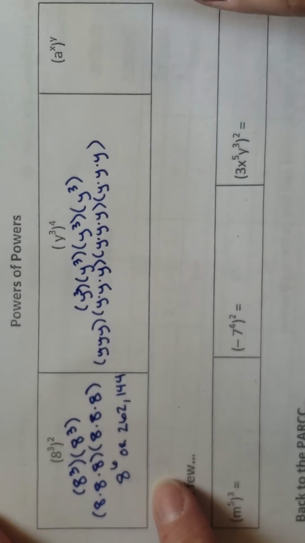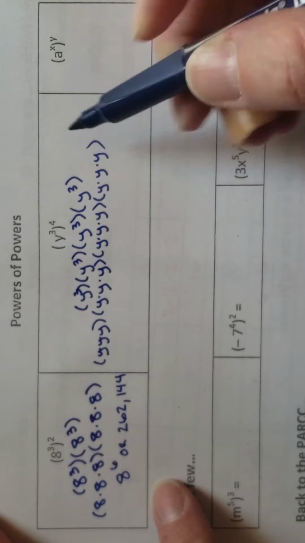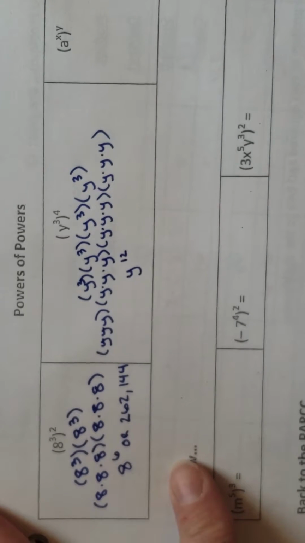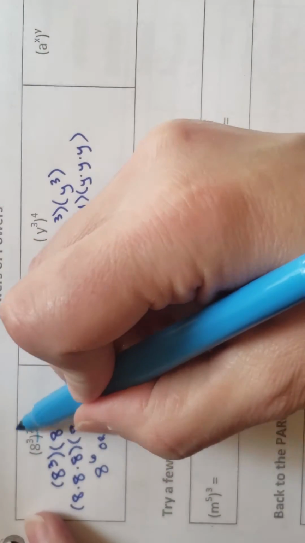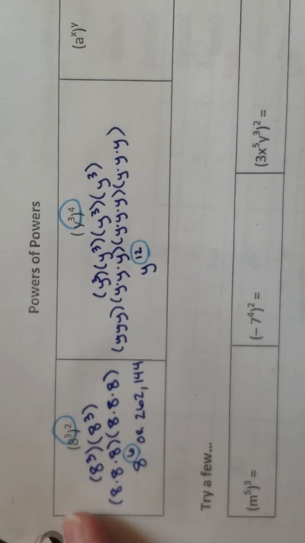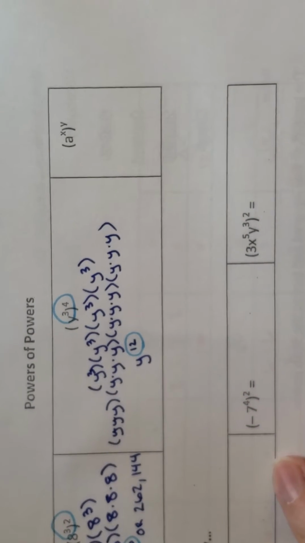Like so. Well, now I have 1, 2, 3, 4, 5, 6, 7, 8, 9, 10, 11, 12 y's. And that's my solution. Well, how can I get from here to here, or here to here in an easier way? Right, I could just multiply my exponents.